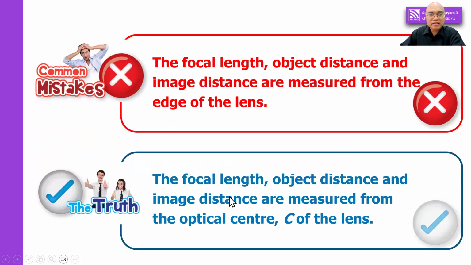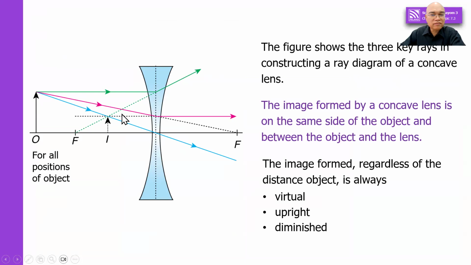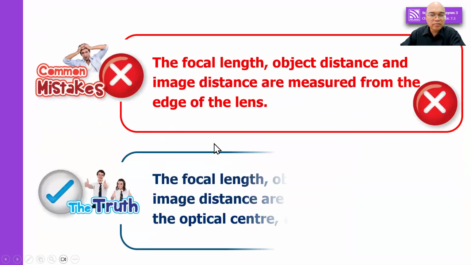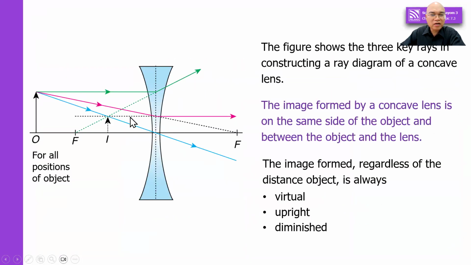And image distance, the image distance that is formed right here. Sometimes the image is on the other side, the one that we already showed in the previous pages. Now, they are measured from the optical center C of the lens, from the optical center C of the lens, all right? Okay.